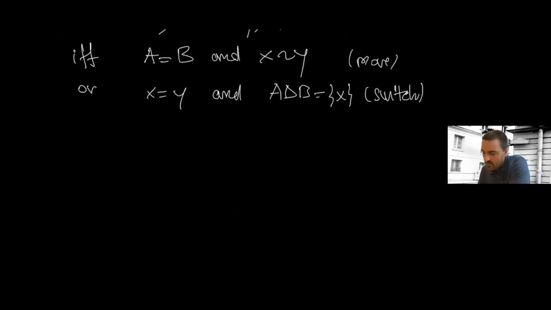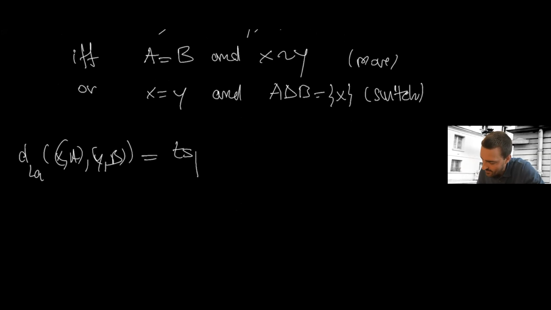Once you have this picture in mind, the lamplighter distance between (X, A) and (Y, B) involves a traveling salesman problem. I will explain in a second.